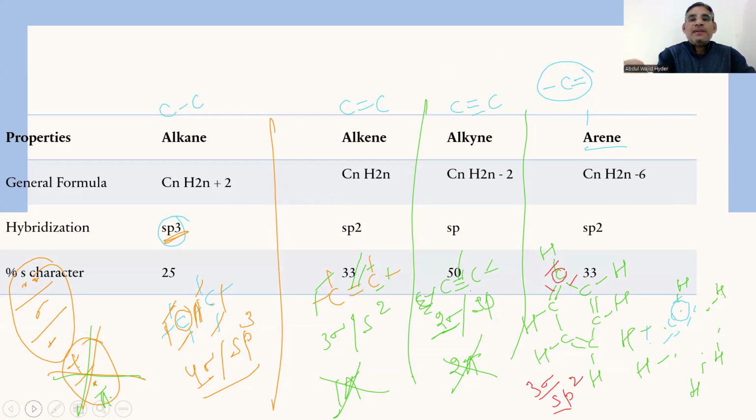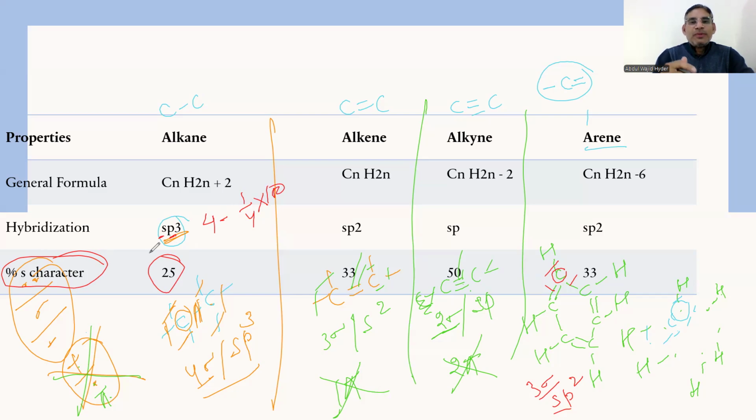In sp3, 1 is S and 3 is P. Total is 4. Out of 4, S is 1. So 1 upon 4 into 100, it would be 25%. This hybridization will be deciding the percentage S character.